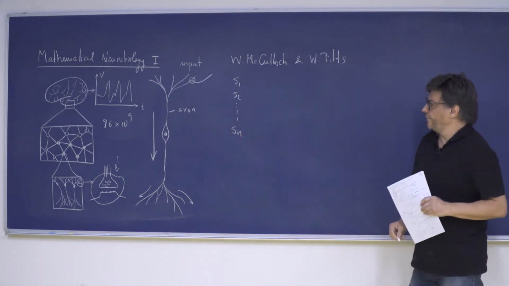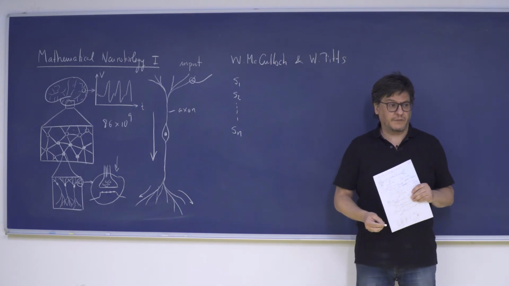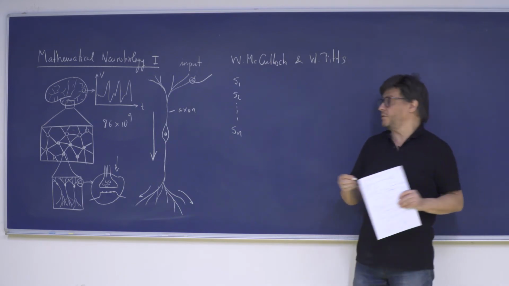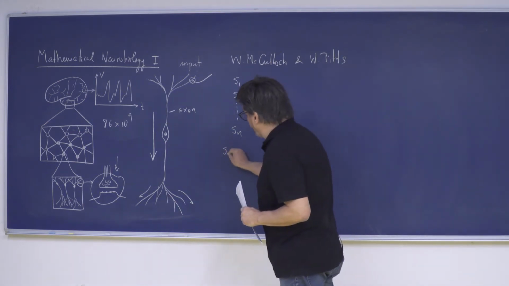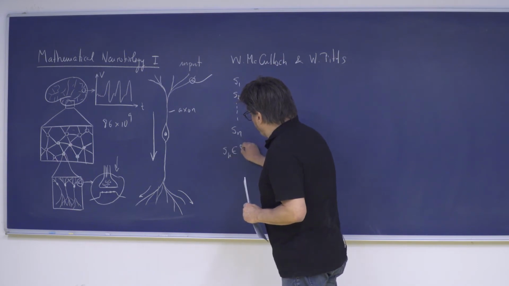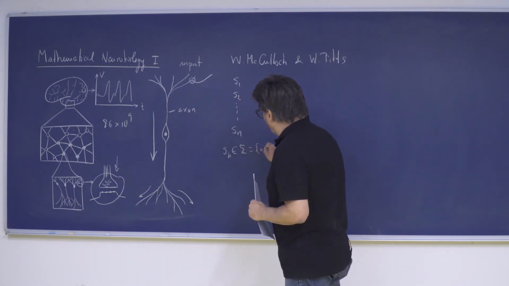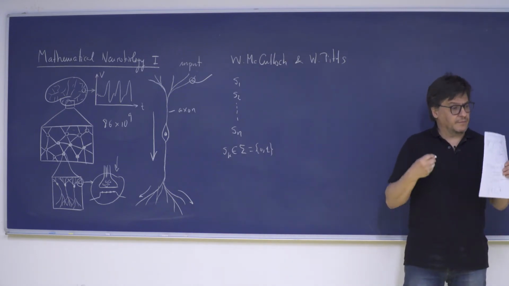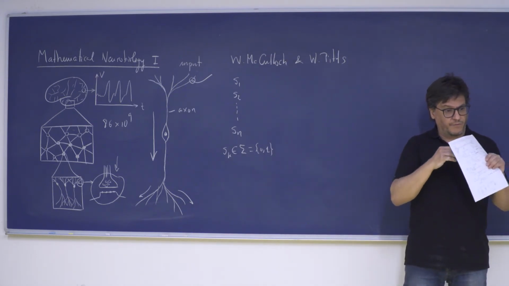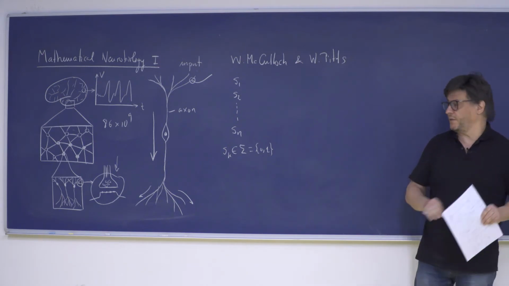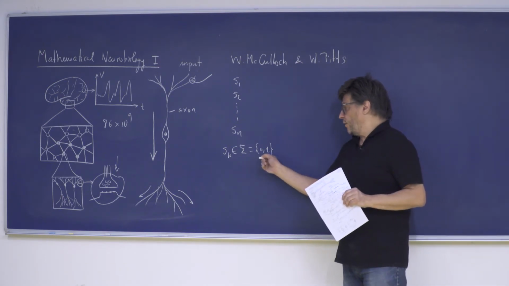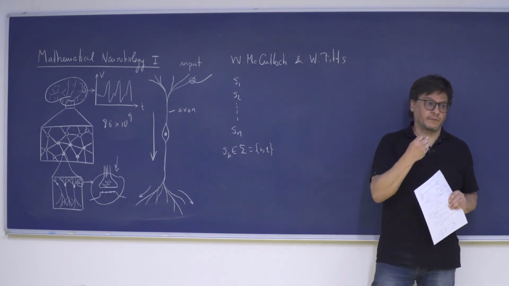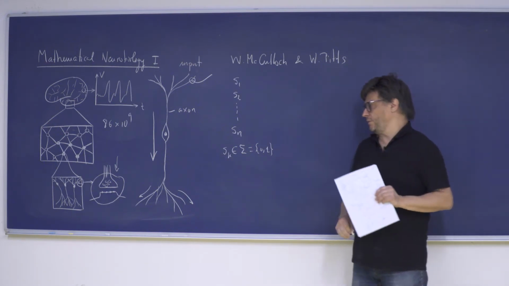Imagine I have a number of objects, I'm going to call them neurons, whose states are going to be in the set of zeros and ones, right? What is the meaning of that? Zero means that the neuron is not firing, it's in the rest state, whereas you have 1 if the neuron is firing, right? No activity, activity, right?